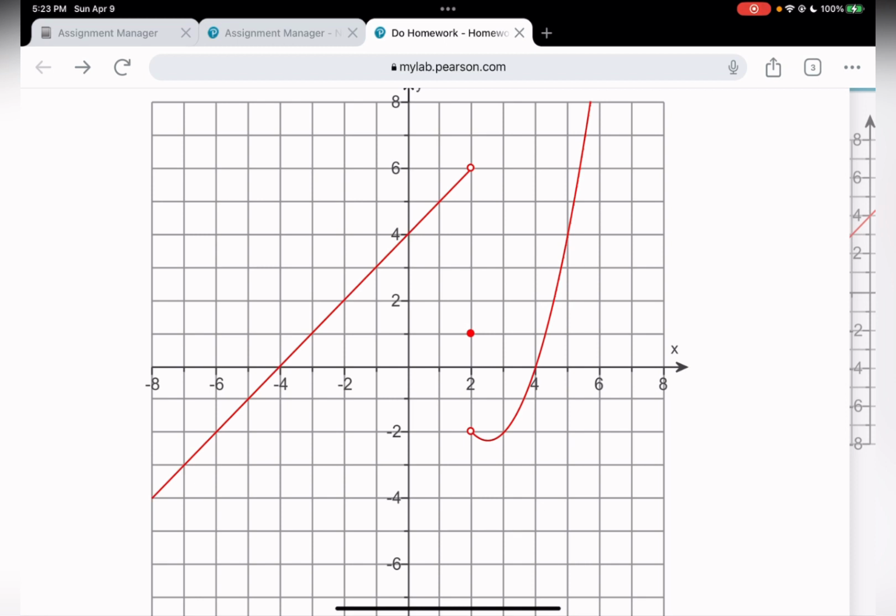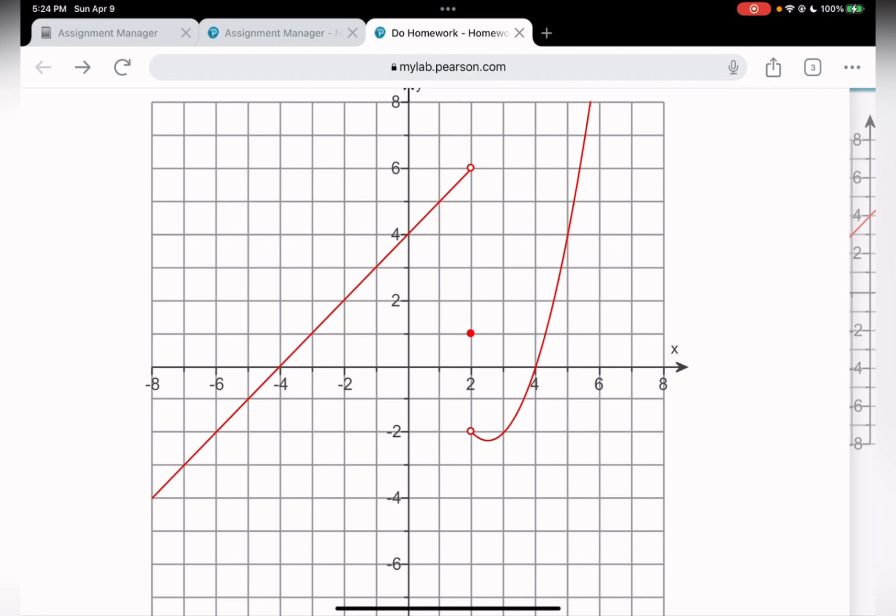Next we have the point here, a full point. We have 3 graphs. One is a line, the other one is a point, and the third one is the right graph. The linear graph is going to be 6 because this open circle is 6. Then the value of this point is going to be positive 1, as you can see.